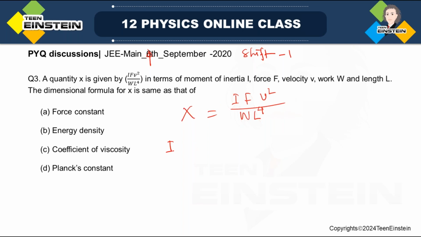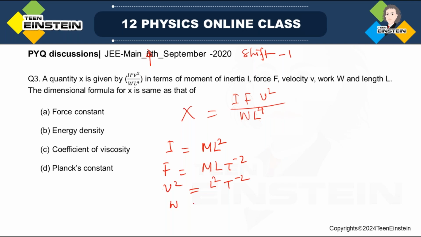See, moment of inertia, we know it has a dimension m into r square, right? M L square. Then force, we know M L T to the power minus 2. V square, v we know has L T to the power minus 1, so I have to take the square of that.